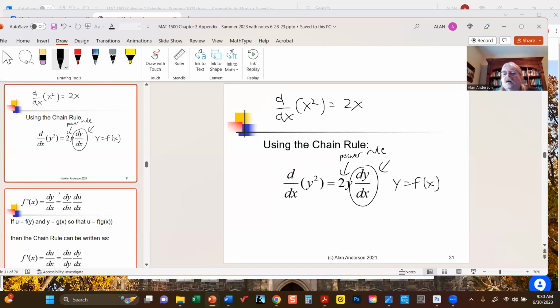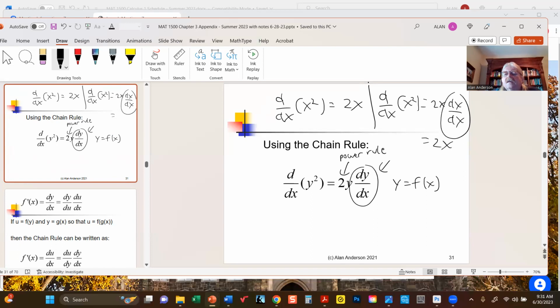We're differentiating a different variable with respect to y, so we need to take into account the derivative of that variable with respect to x. That wasn't necessary up here. Although technically, if you want to be very formal about it, what we're doing up here is actually 2x dx/dx, but this is just 1. But here it's dy/dx, and so that does not just go to 1.